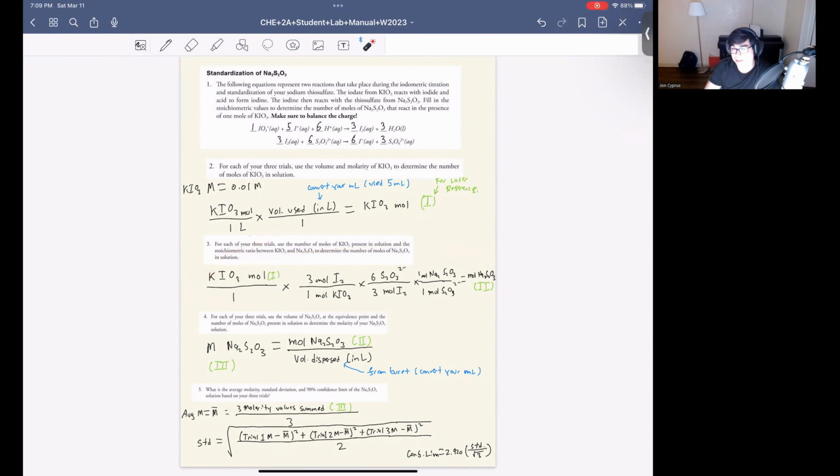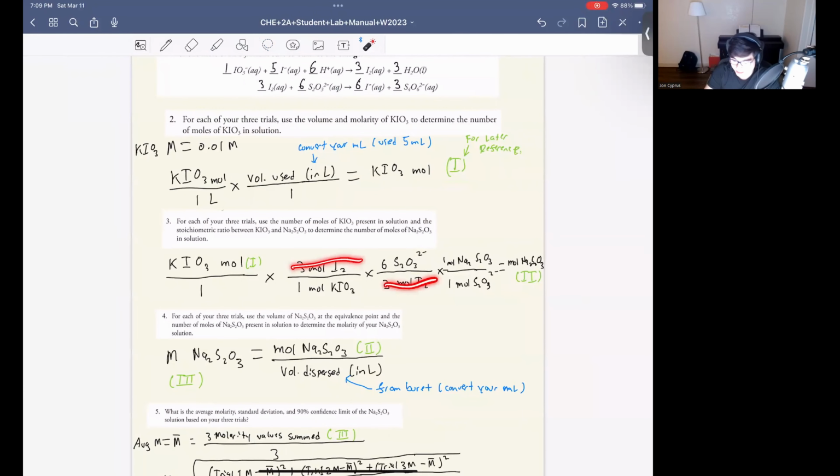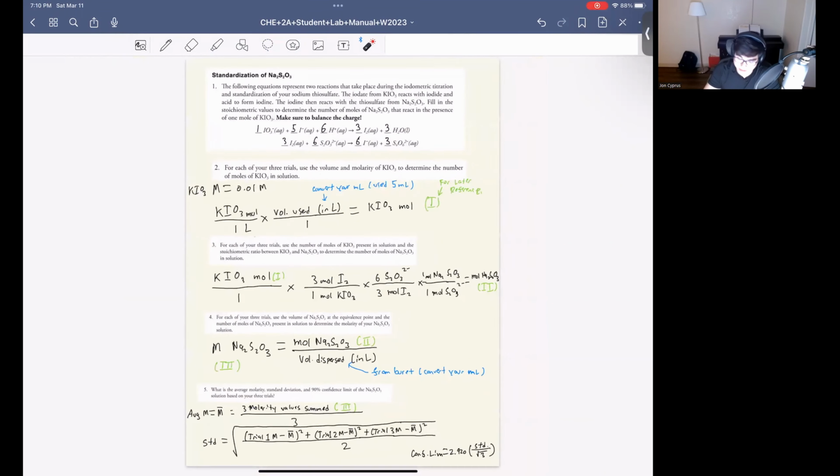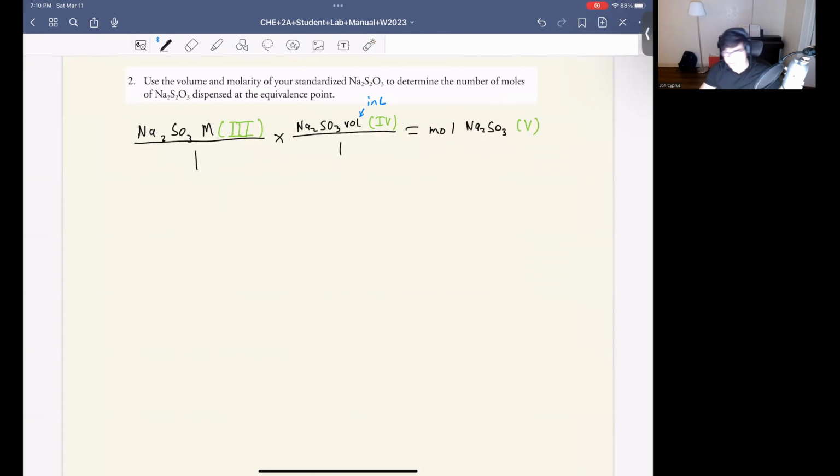So I'm going to skip the step where we convert to the iodine, because these end up canceling out. So for every 6 moles of sodium thiosulfate, you have 1 mole of iodate. Or in this case, just iodate because it's not potassium iodate. My apologies, I shouldn't have said that. It's just iodate.